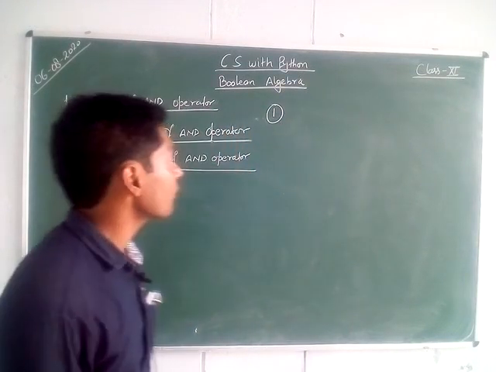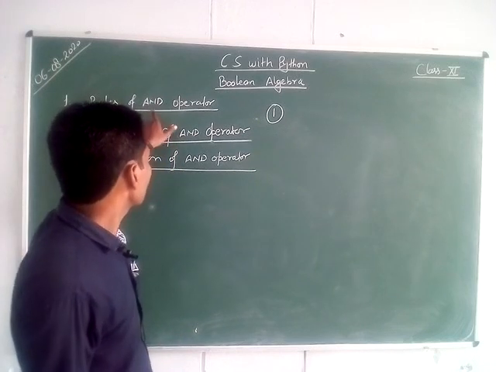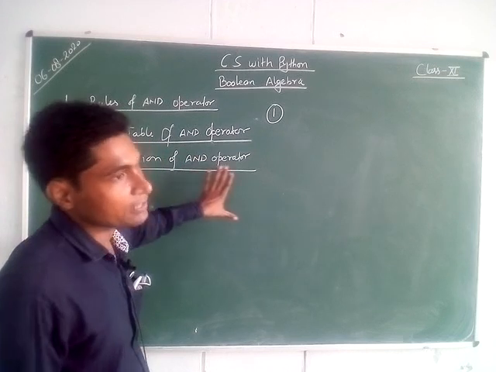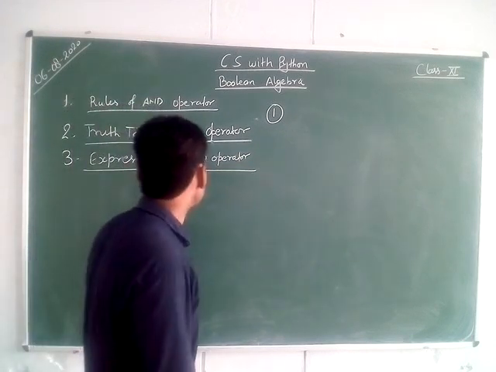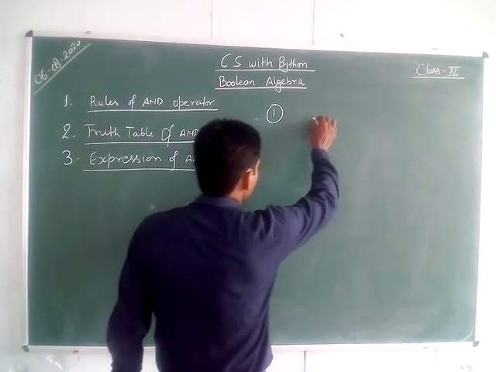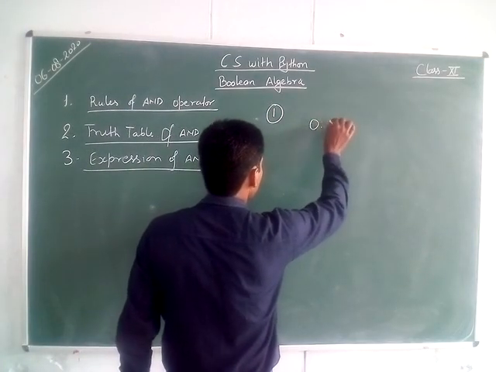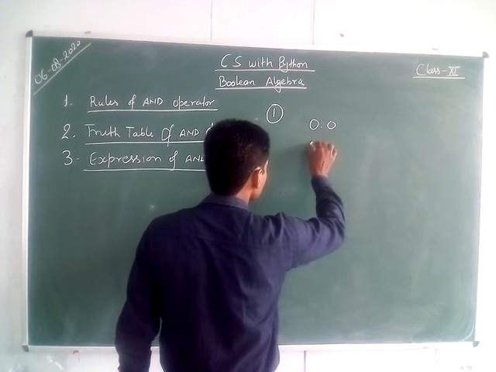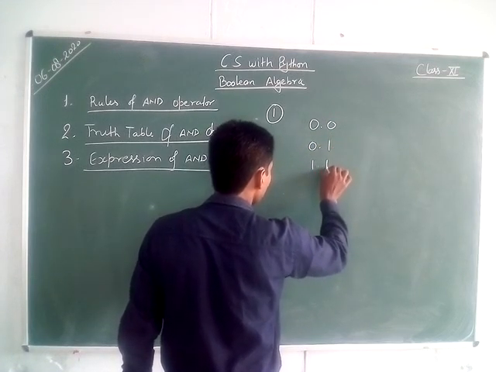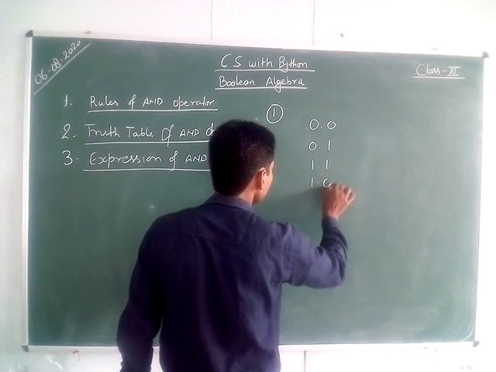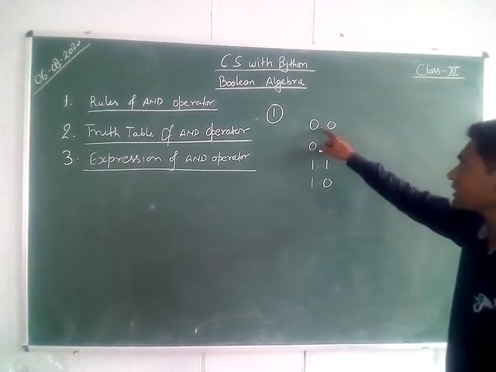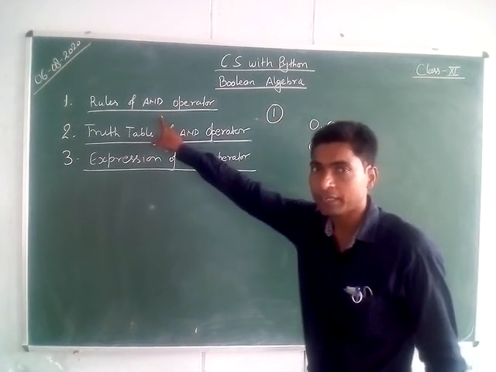So first of all, I would like to tell you the rules of AND operator, truth table and expressions. Okay, now let us see the rule of AND operator. 0 dot 0, 0 dot 1, 1 dot 1 and 1 dot 0. I have told you dot is the symbol of AND operator.